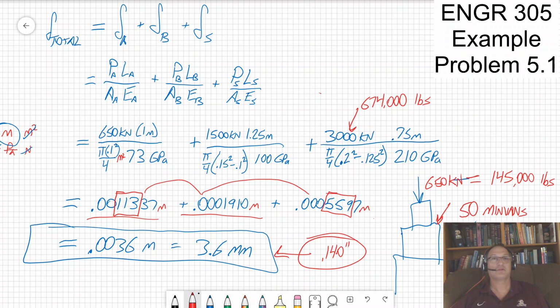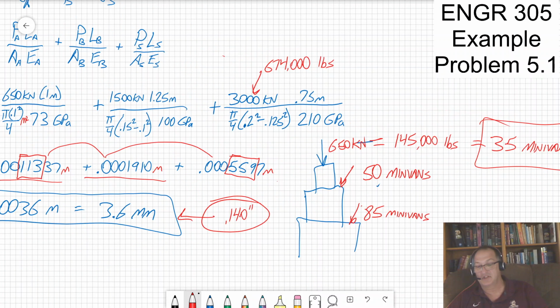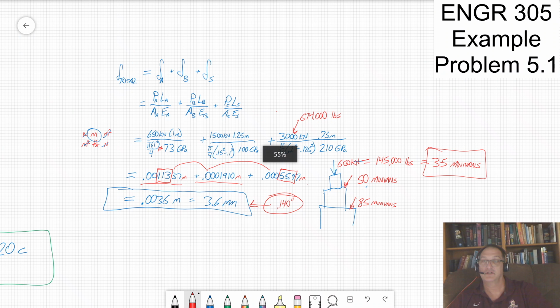They're 4,000 pounds for a minivan, so 600,000 pounds will be 150 minivans, and then I got another 74. I'm saying it's 85 plus 85. There's 170 minivans. That's an amazing amount of force to be dealing with.